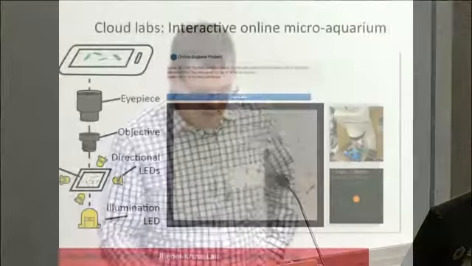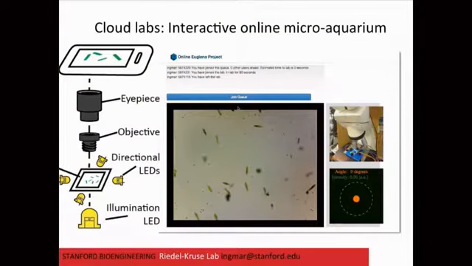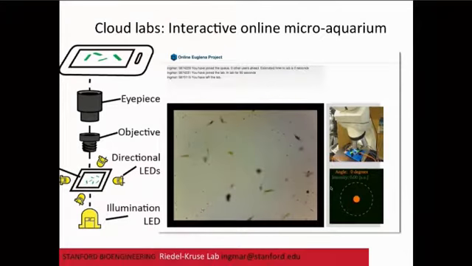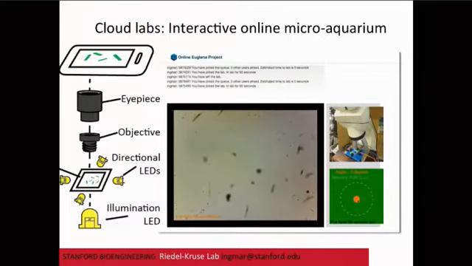And the question is, could we facilitate students to work from any electronic device over the web to do biology experiments? And we can, and we use again this paradigm that I showed you before with these 4 LEDs, looking at the phototactic behavior of these euglena cells.